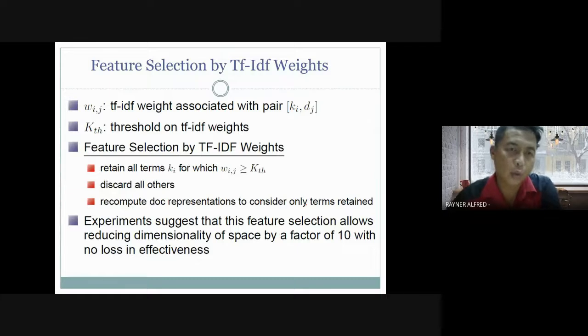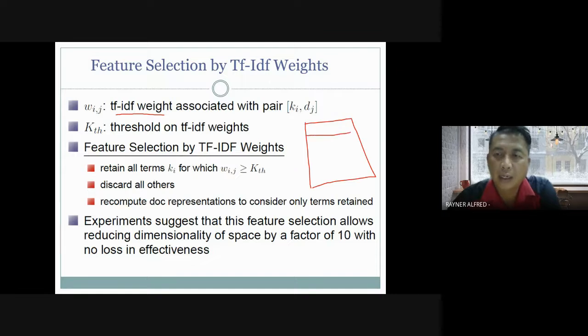Remember that when you have the TF-IDF weight, we have this matrix, and normally we have rows referring to the documents: document 1, 3, and so on. And we also have the columns here: term 1, term 2, and so on.